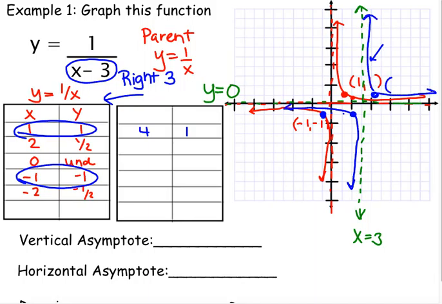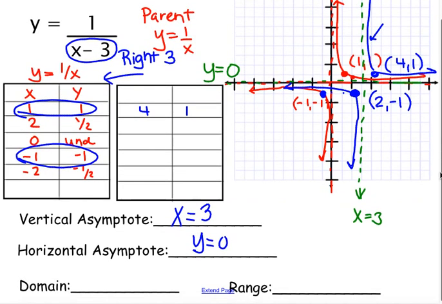So here's our point over 4, up 1. And this new point here is over 2, down 1. Our vertical asymptote has pushed over to the right 3 units. Our horizontal asymptote has not moved at all because we do not have any vertical shifts. So it's still at y equals 0.